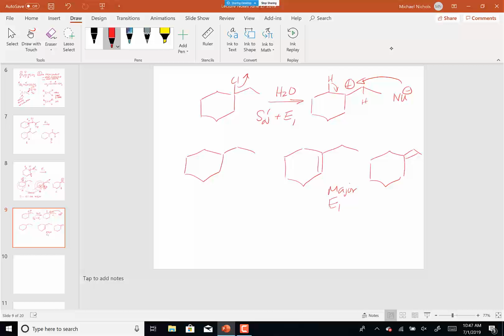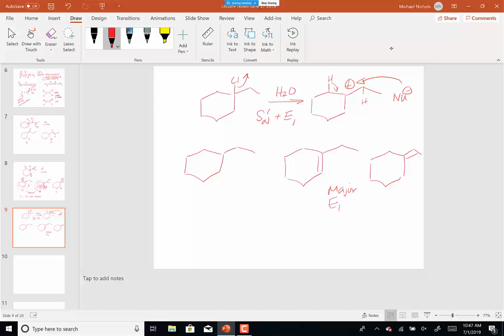What would our substitution product be for this? I'm adding H2O to this alkyl halide. That's a substitution.